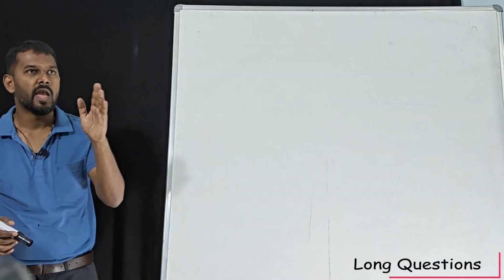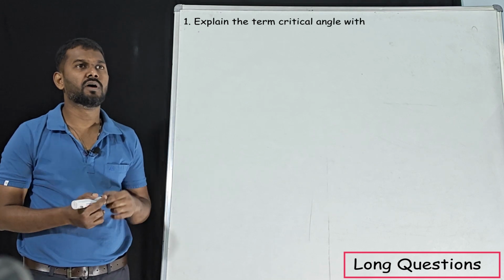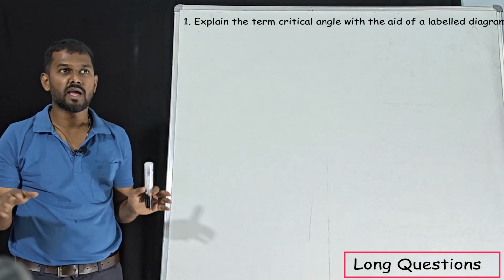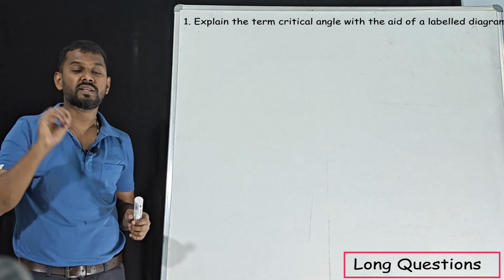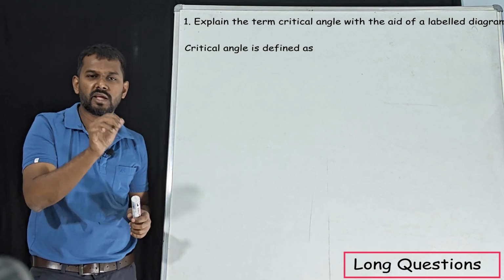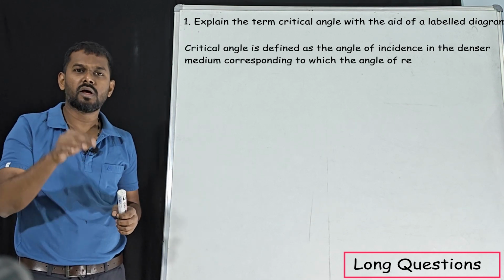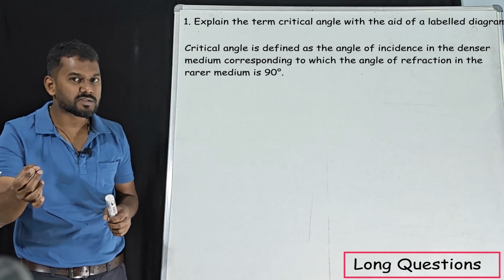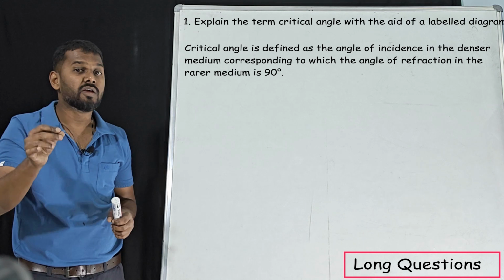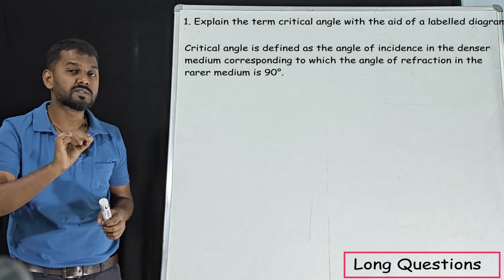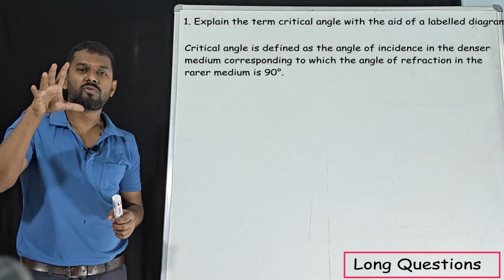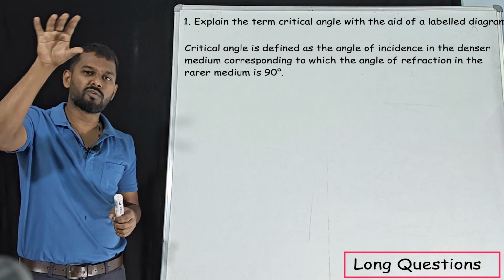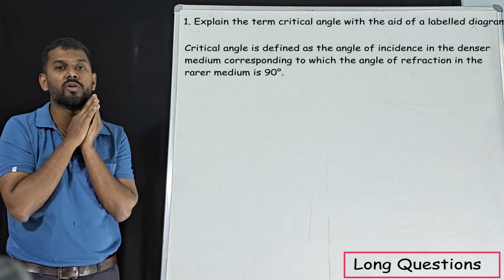Our next question: explain the term critical angle with the aid of a labelled diagram. Till now we have understood what the critical angle is. They are asking us to write the definition. Very simple. Critical angle is the angle of incidence for which the corresponding angle of refraction is 90 degrees, whenever a light ray passes from a denser medium to a rarer medium. If you miss the words denser medium to rarer medium, even though the first statement is correct, you will never get the mark.